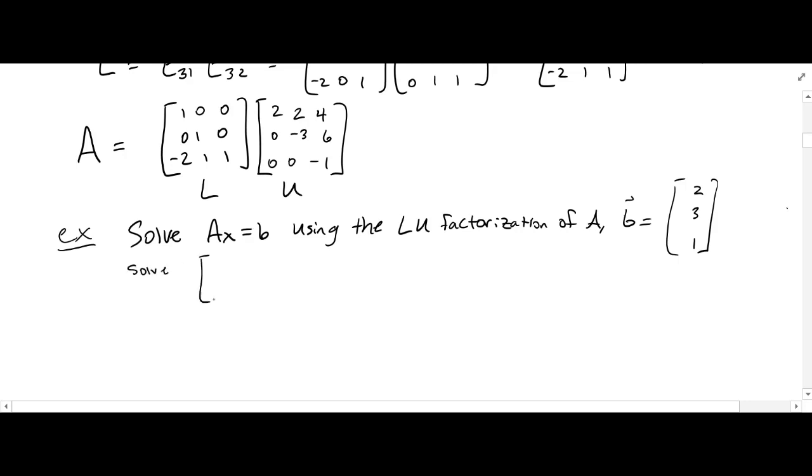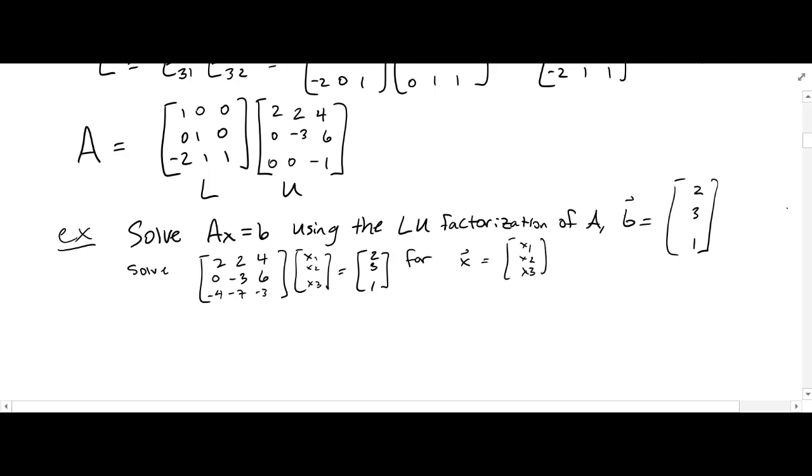So we're solving the matrix A, 2, 2, positive 4, 0, negative 3, 6, negative 4, negative 7, negative 3, times x1, x2, x3 equals B for x.